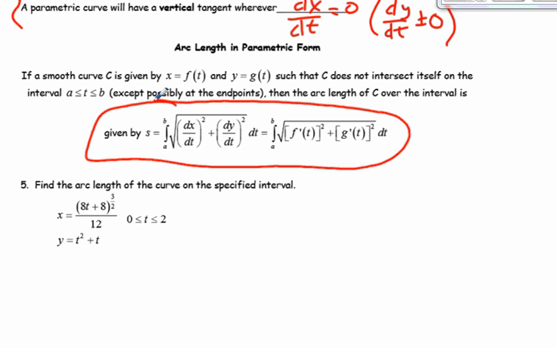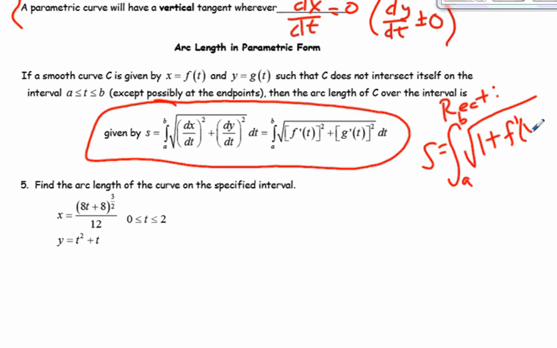Okay, so the arc length before in rectangular format. So in rectangular, arc length, we denote arc length by an s, is the integral from a to b of the square root of 1 plus the derivative of our function squared. Okay, so that is rectangular arc length. If you don't have that memorized, you need to memorize that.